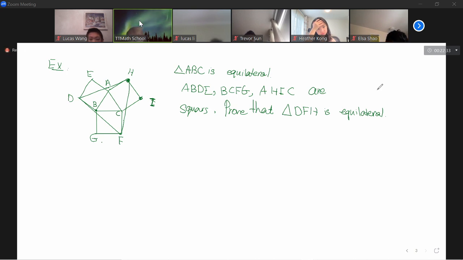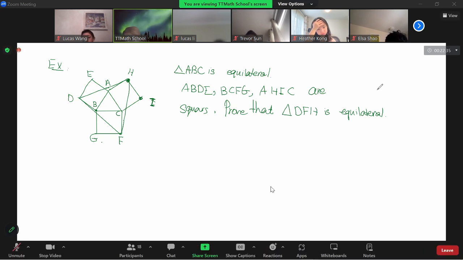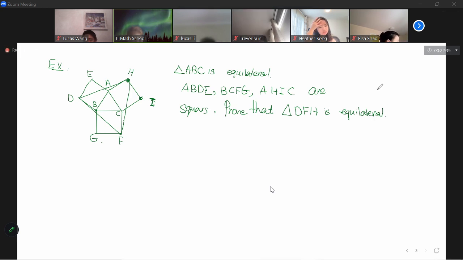So it's a little bit more involved here, so I'm just going to go slowly and explain this. First of all, because this is an equilateral triangle and these are all squares, all these sides are equal, right?